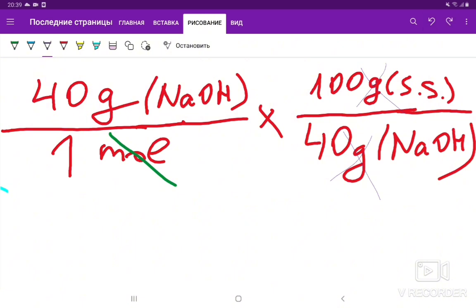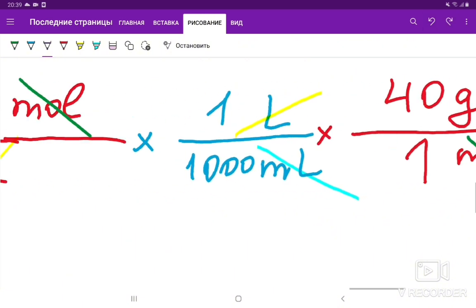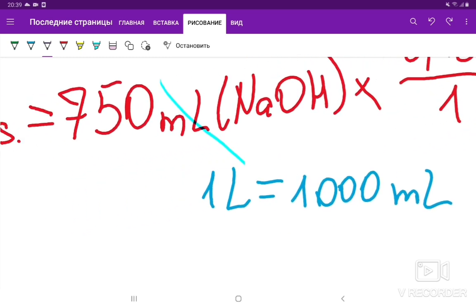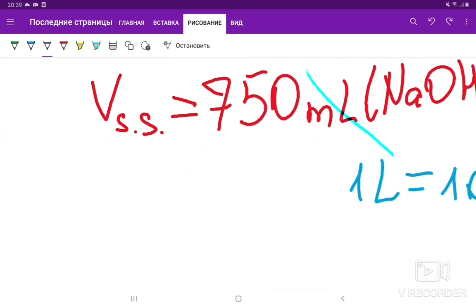How can we do it? We are looking for the volume, if you remember. Yes, volume of the stock solution. The answer must be in milliliters.